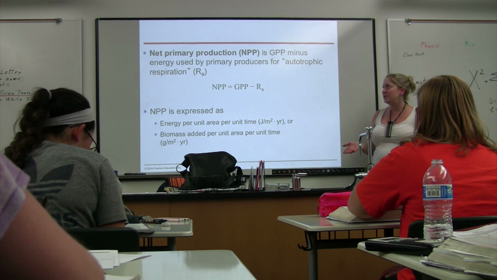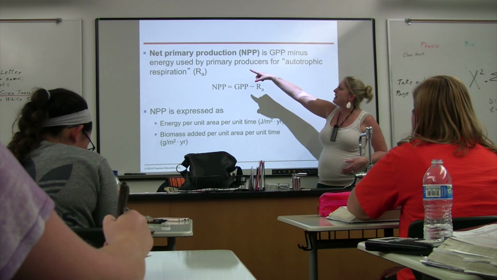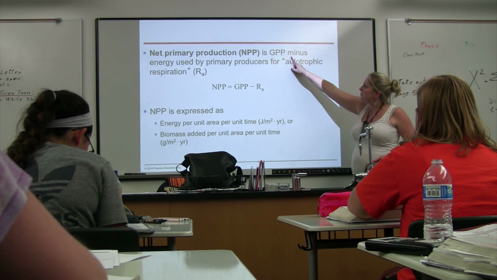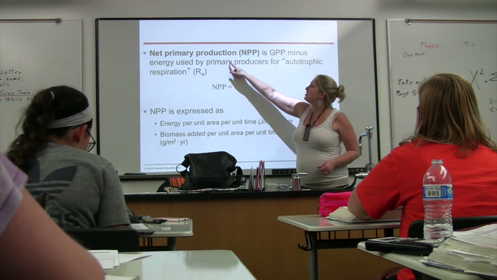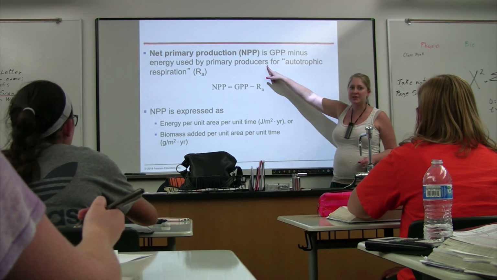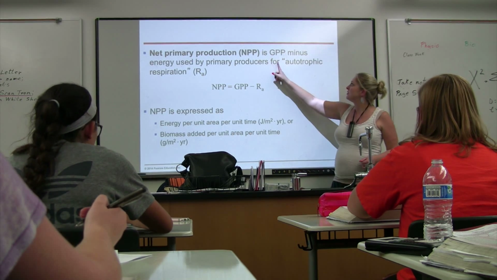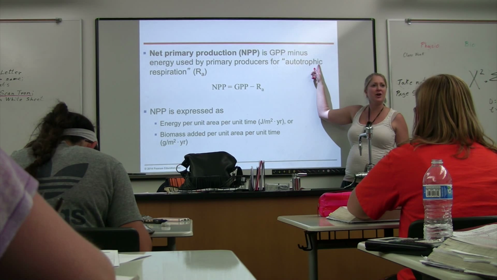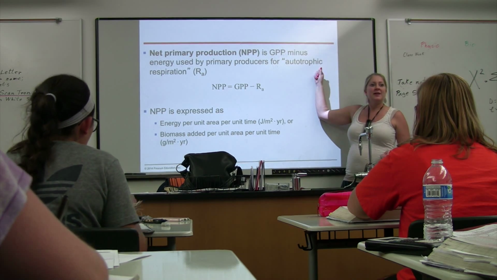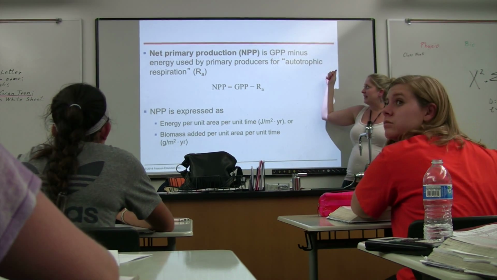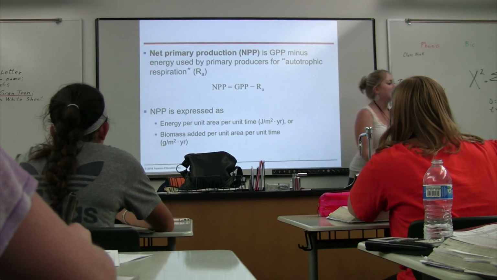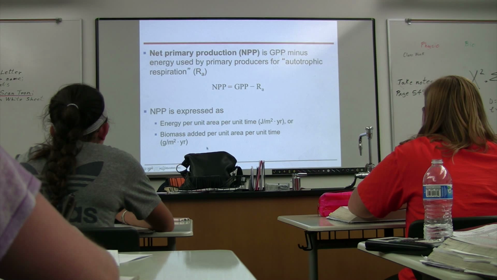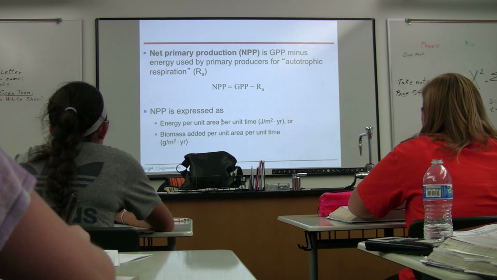So the NPP, your net primary production, is your GPP, or gross primary production, minus the energy used by your primary producers for autotrophic respiration, essentially. What is an autotroph? Something that makes its own food. Yeah, it's a primary producer, right? It's expressed like this, but you'll never be asked about how it's expressed.